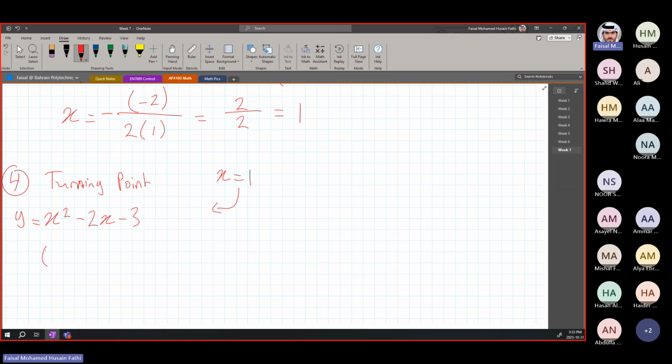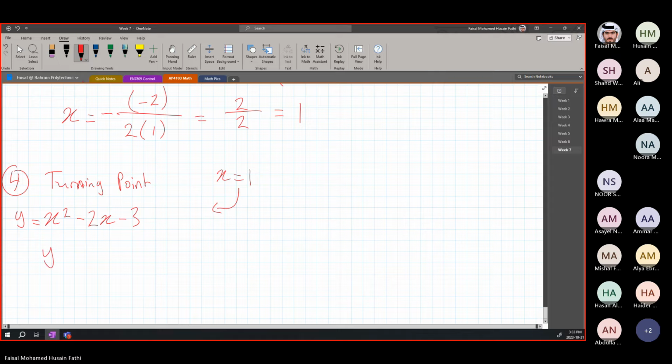Y is equal to 1 squared, minus 2 times 1, minus 3. 1 squared is 1, minus 2 times 1 is minus 2, minus 3.